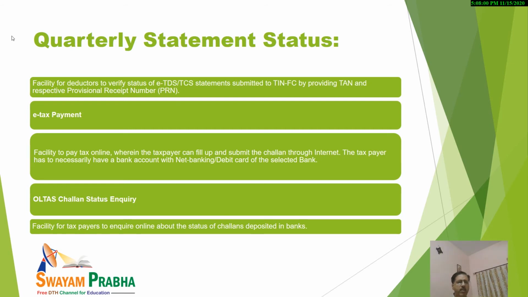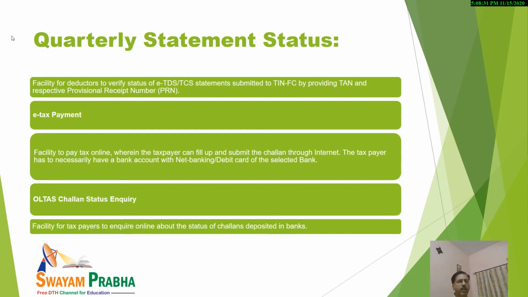What is basically needed, as I have already told you, is that first of all, it is but natural that an account should be there, and secondly, you should have net banking or a debit card of the selected bank. This is needed only in order to pay the tax. And believe me, it is very easy and very user friendly, and we should congratulate the income tax department for that. The income tax payment facility is really very user friendly.